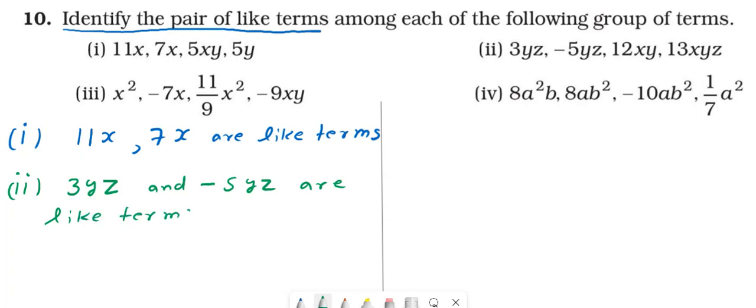Beta, in the third part, x square and 11 upon 9 x square are like terms.